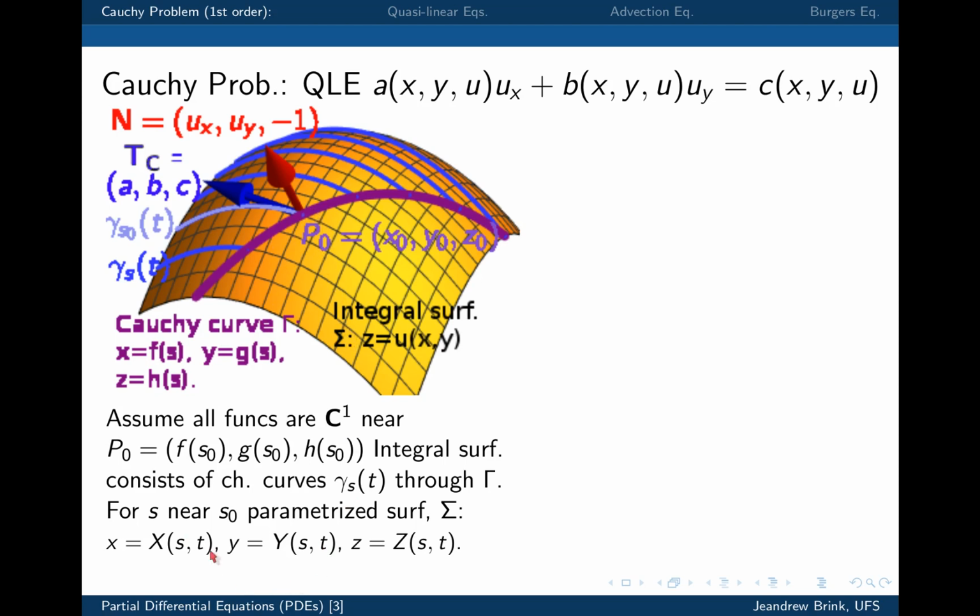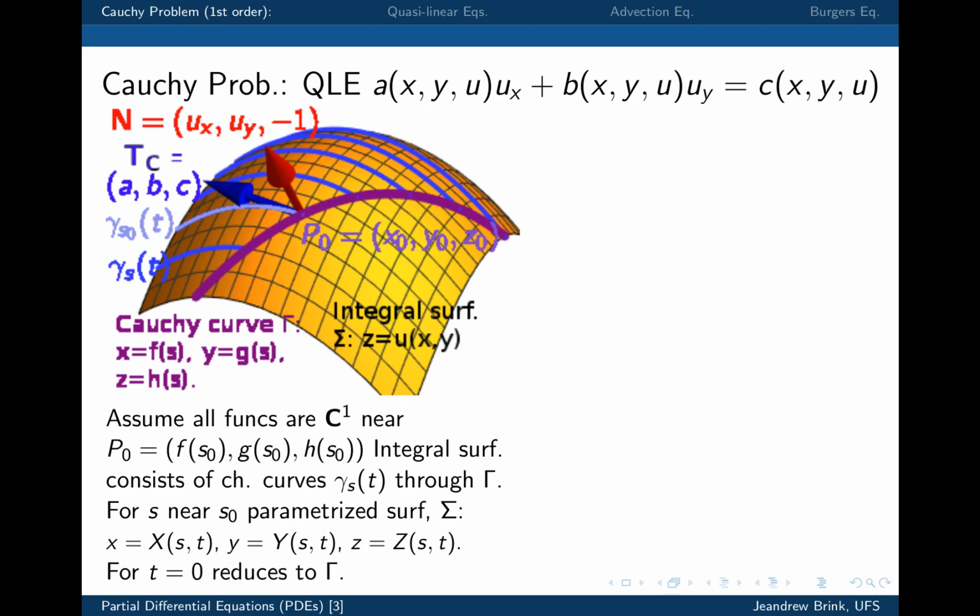We express it in this way: the X coordinate is some function of S and T, the Y coordinate is some function of S and T, and the Z coordinate is some function of S and T. Because it's a surface, you can always represent it with two parameters. So we're simply making the expression of the surface more parametric.